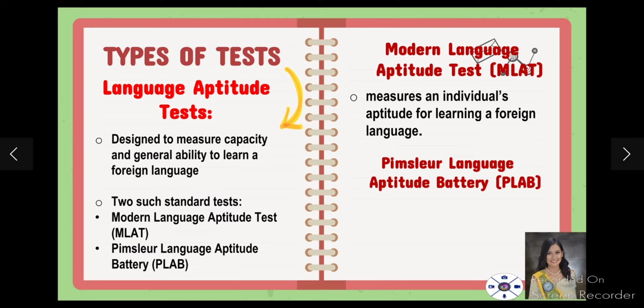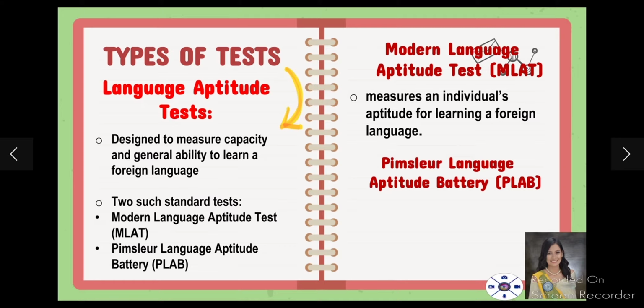It is assumed that virtually everyone can learn a foreign language given adequate opportunity. In MLAT, language learning aptitude refers to the prediction of how well, relative to other individuals, an individual can learn a foreign language in a given amount of time and under given conditions.